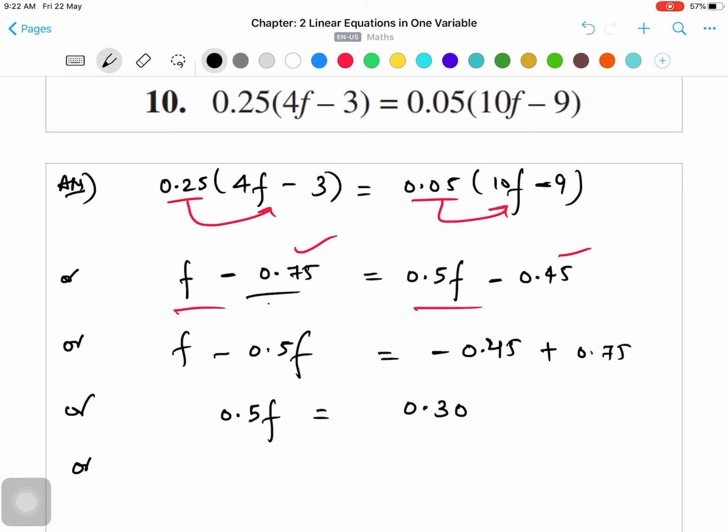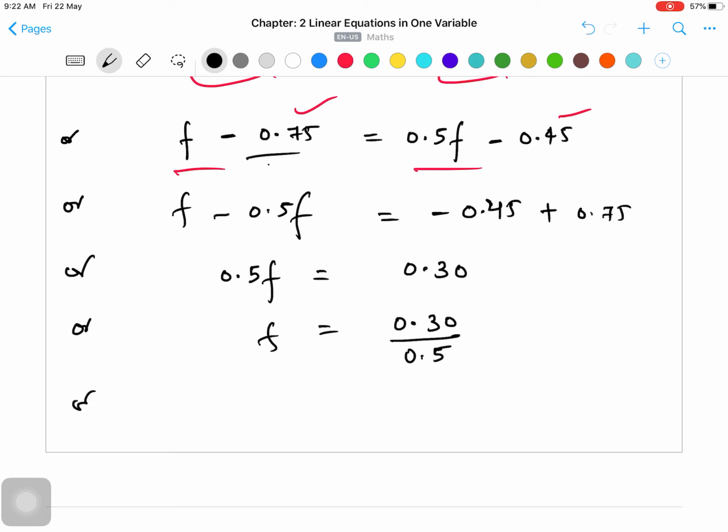So f is equal to 0.30 divided by 0.5. When you remove the decimal, you will get an additional 0, so this will become 30 by 50.